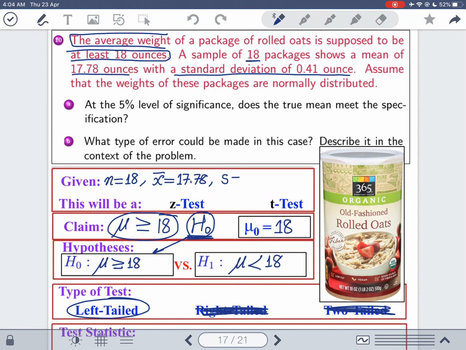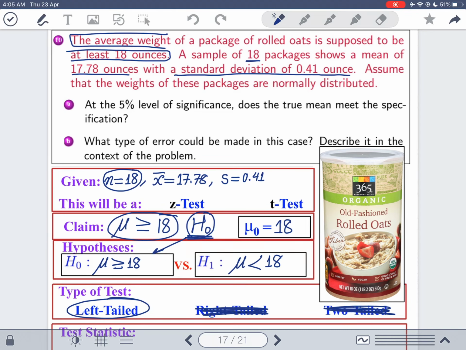This is for the sample. So S, this is not sigma, this is S. So 0.41 ounces. Sigma we still don't know. But because the sample size is small, less than 30, we must have a normal distribution in order to be able to solve this question.